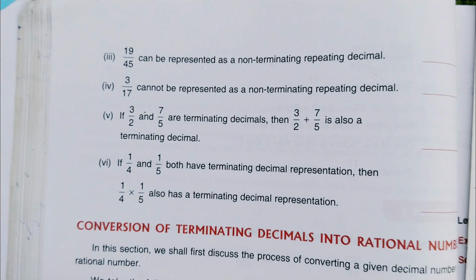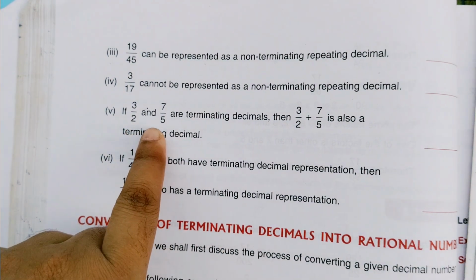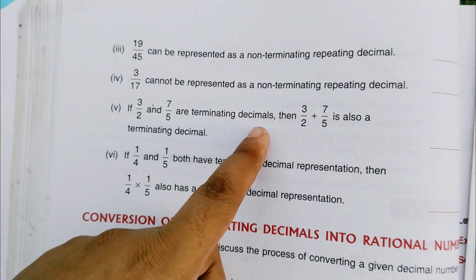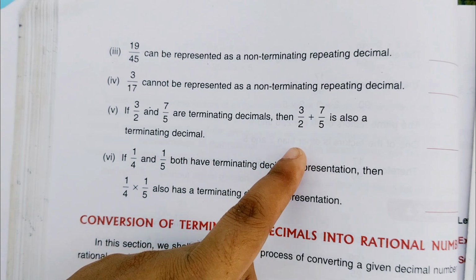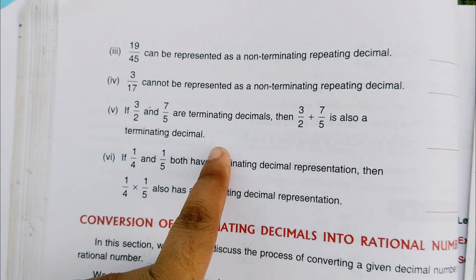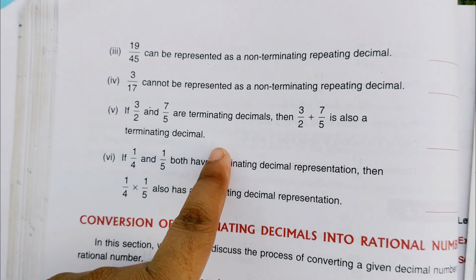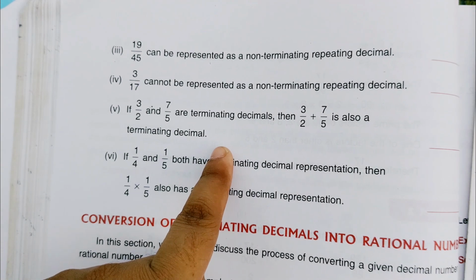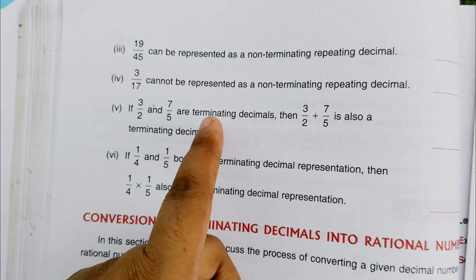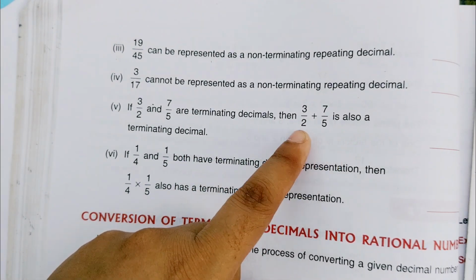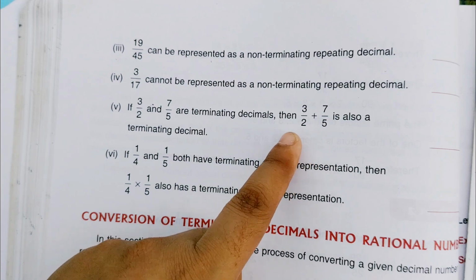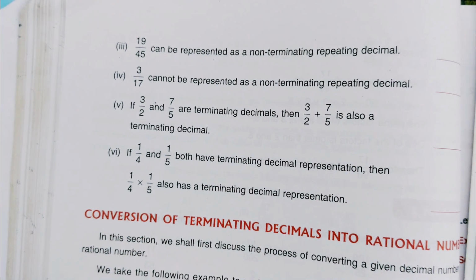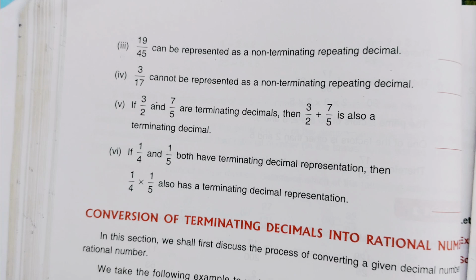Then another: if 3 by 2 and 7 by 5 are terminating decimals, then 3 by 2 plus 7 by 5 is also a terminating decimal. It is true because here the denominators are 2 and 5. 3 by 2 plus 7 by 5 is also a terminating decimal number. So we write it is true.